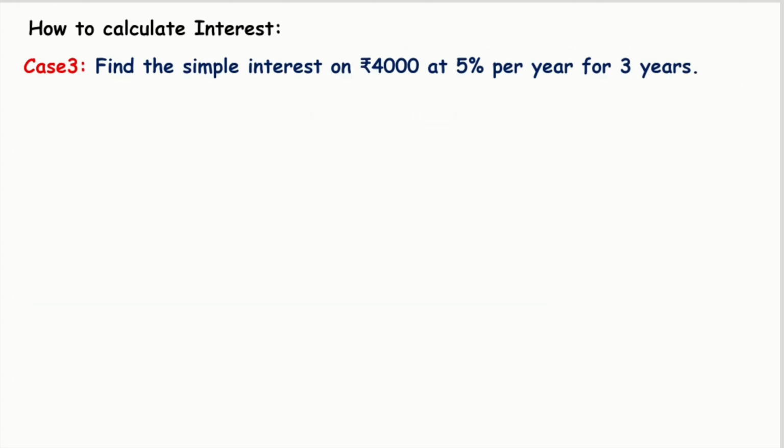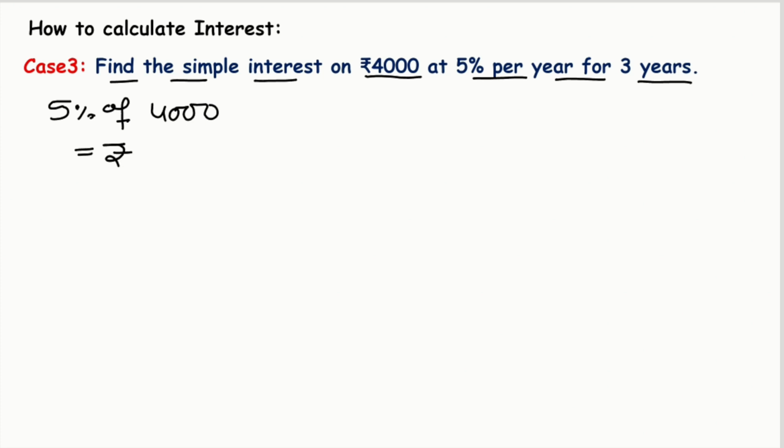Now here we have our case 3. Find the simple interest on 4,000 at 5% per year for 3 years. So here the person has borrowed the money for 3 years. So 5% of 4,000. We have already calculated this amount, which is rupees 200. And here the person has borrowed for 3 years. So for first year, he will pay rupees 200.